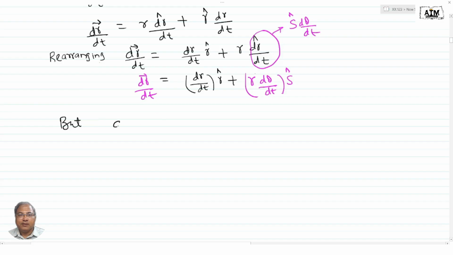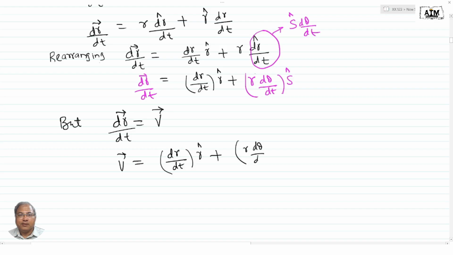But dr by dt is nothing but the velocity vector. Therefore vector v equals dr by dt multiplied by r cap plus r d theta by dt multiplied by s cap.